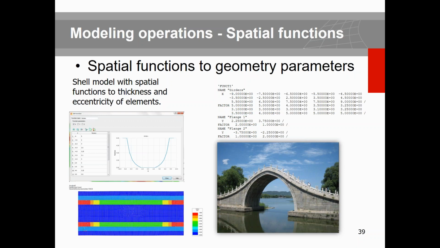So you can model this effect with the use of the function, defining a thicker section in the outer part and thinner in the middle part. You can also combine this function with other aspects like variation of the cohesion or Young modulus, or the temperature in depth, in the width, or in different dimensions.